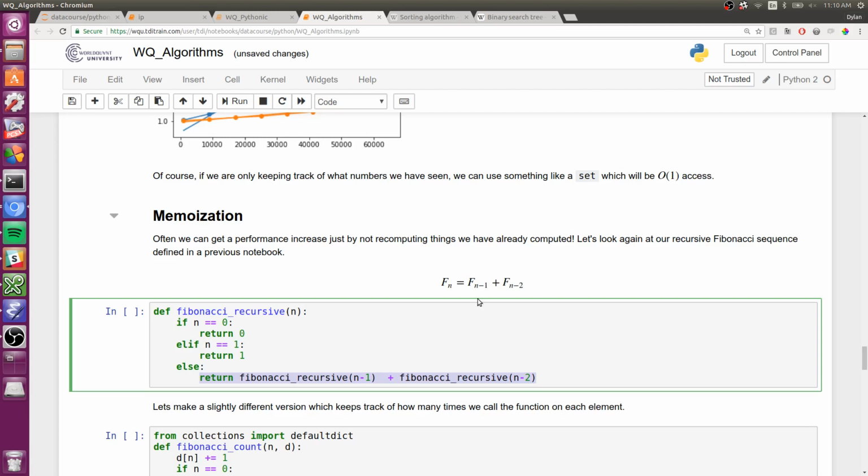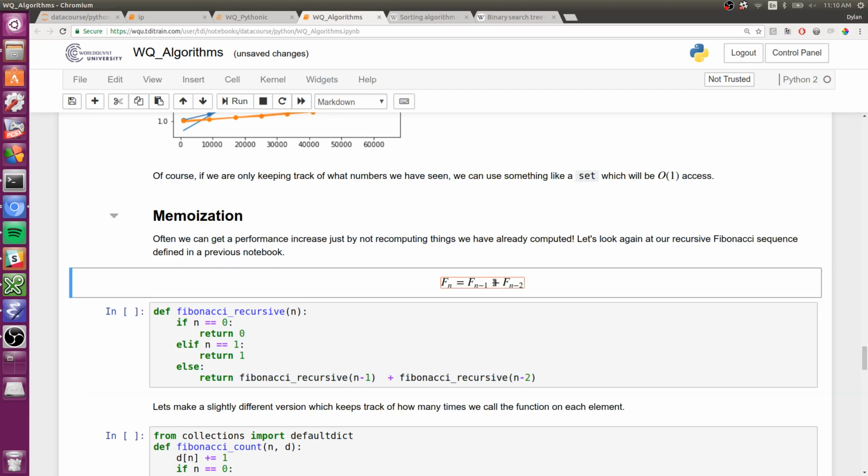But when we do this, we're going to recompute many things, because to compute the nth Fibonacci number, we have to compute the n minus 2 Fibonacci number. Well, when we do that, we compute first the n minus 1 Fibonacci number and then the n minus 2 Fibonacci number, and in computing the n minus 1 Fibonacci number, we will also compute the n minus 2 Fibonacci number, because relative to n minus 1, n minus 2 is n minus 1.